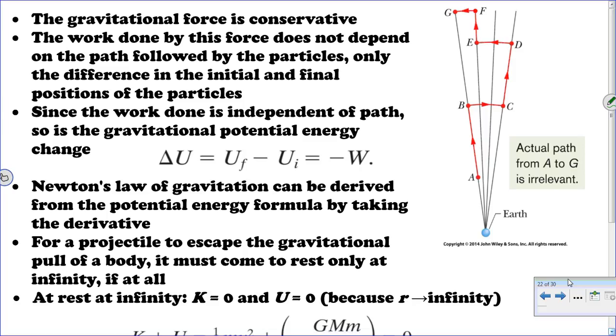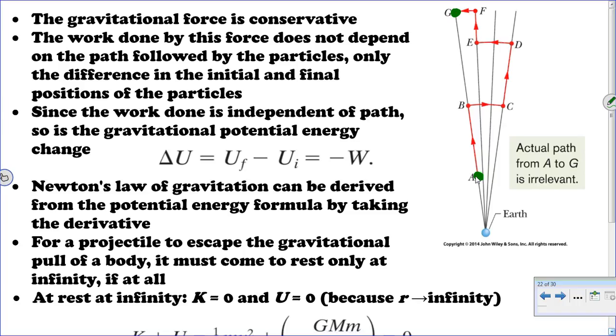So if I've got the planet Earth and I take some particle and I move it from point A to point G, no matter how I get it from point A to point G, the work done by gravity is going to be the same. The path that you follow to get there doesn't matter at all. That was one of our definitions of a conservative force, right? Does that ring a bell? All right.